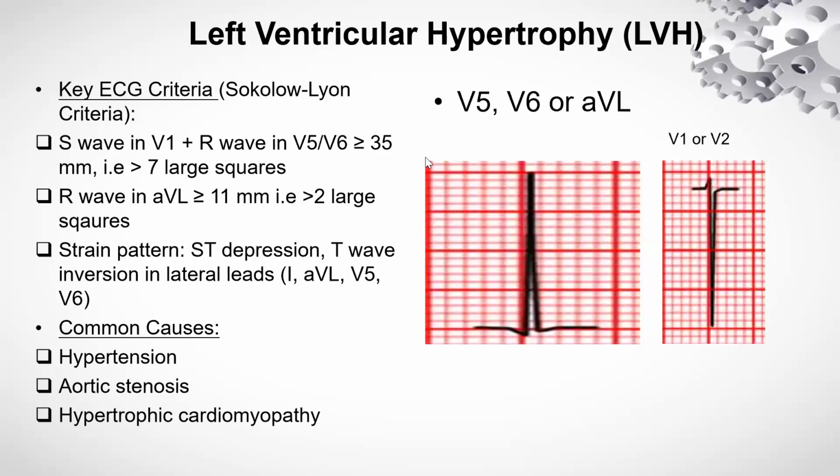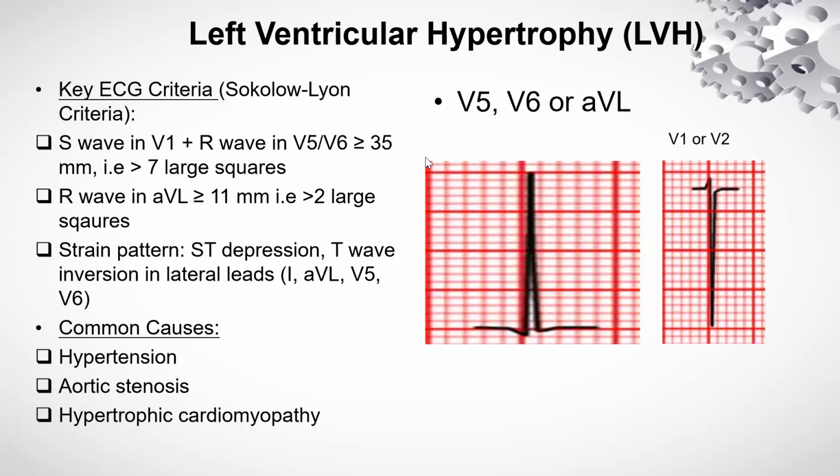When the S wave in V1 plus the R wave in V5 or V6 is more than 7 large squares, let me repeat that. Look at the S wave and add it to the R wave, and if it is more than 7 large squares, it is diagnostic of left ventricular hypertrophy.